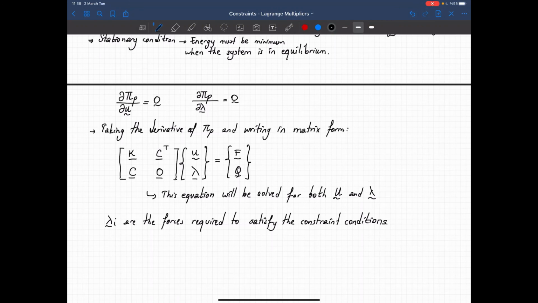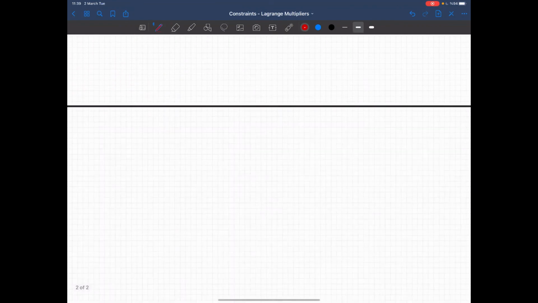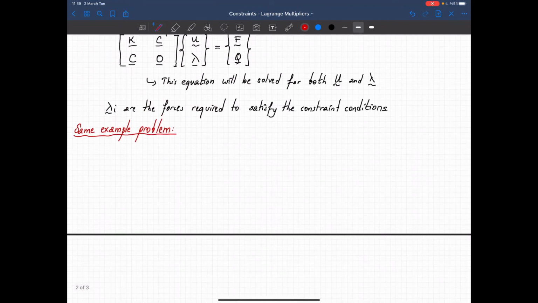Now back to the same example problem. So let's remember the example problem. Let me draw it here.